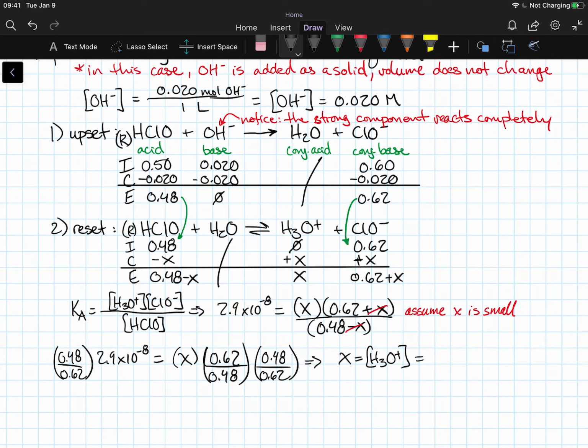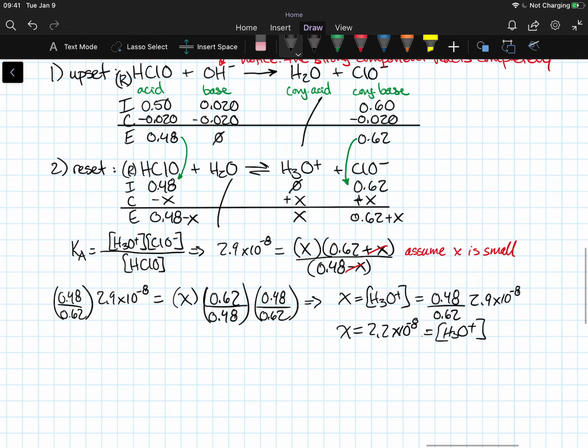And that's going to be equal to 0.48 over 0.62 times 2.9 times 10 to the negative 8th. We crunch this out on the calculator, and we get x is equal to 2.2 times 10 to the negative 8th. And again, that's the H3O plus concentration.